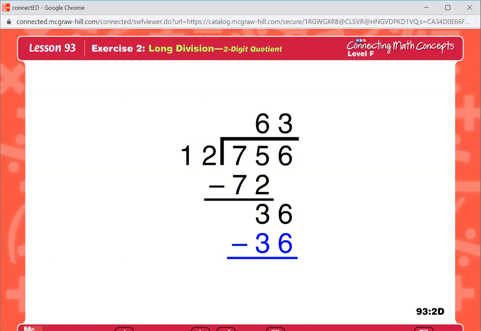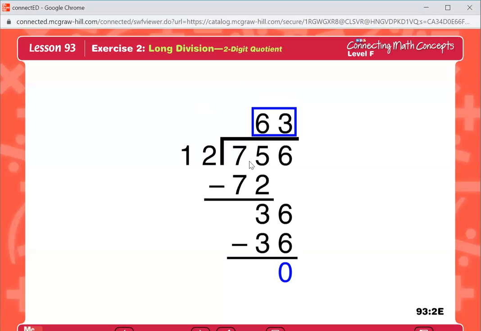So our answer should be 0. 36 minus 36 is 0. And now we can box in our answer, 63. So 756 divided by 12 equals what? 756 divided by 12 equals 63.